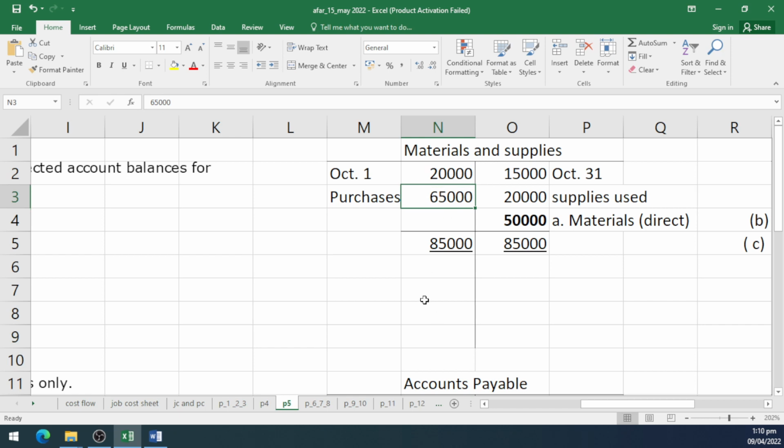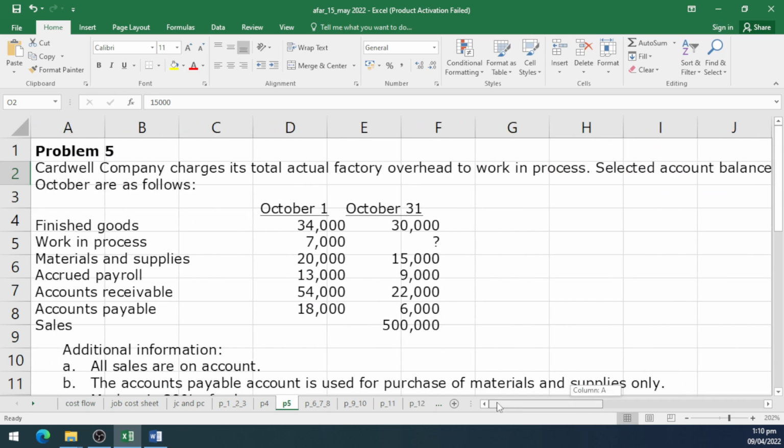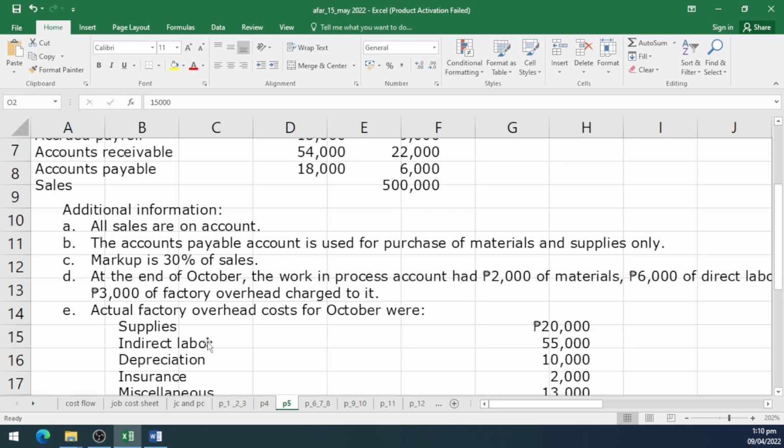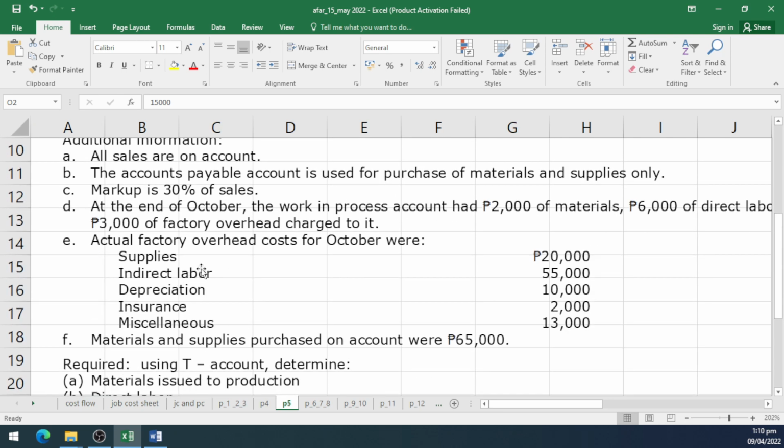So, the total debits, 20 and 65, that's 85. So, we will reconstruct kung magkano ang credit na nangyari. 85 minus 15 na ending. Abay, yun pala ay 70,000. Now, in information letter E, you can find here that the supplies used, which will be chargeable to overhead, 20,000.